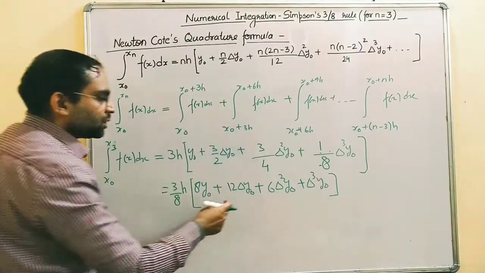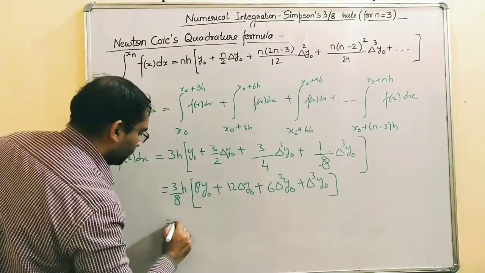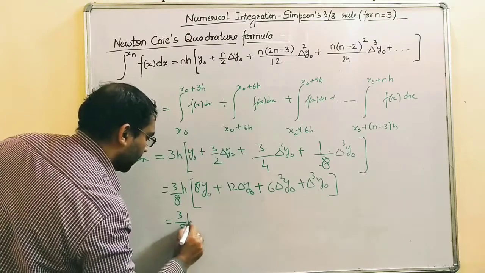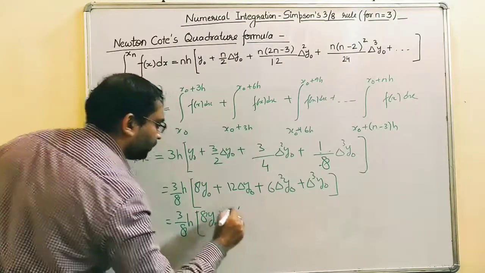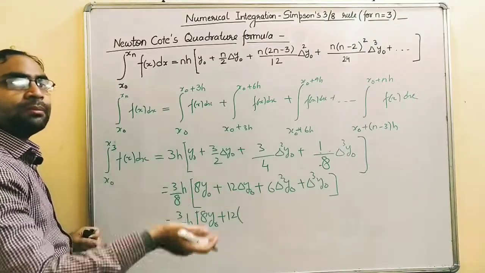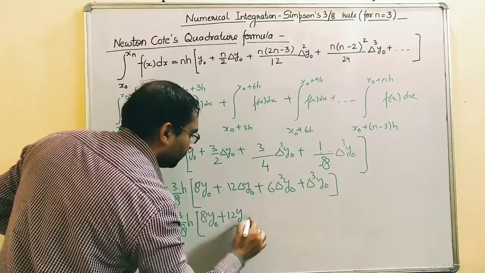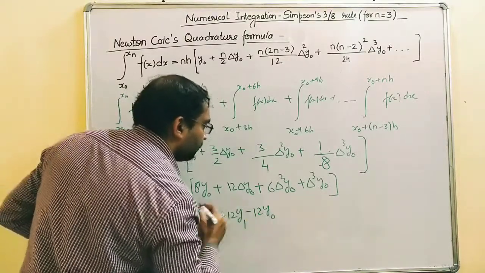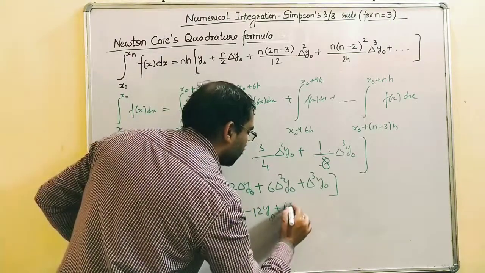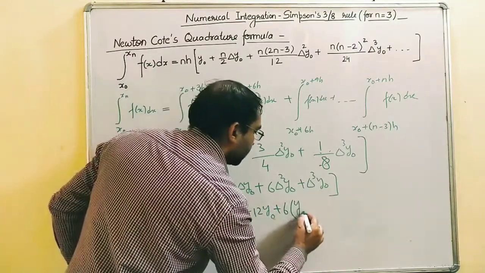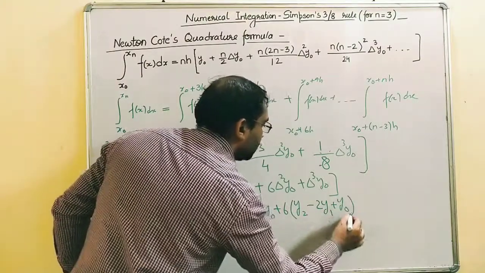Putting the values of del y0, del 2 y0 and del 3 y0 into the formula, this becomes 3 upon 8 h times (8 y0 plus 12 of del y0, which is always y1 minus y0. So this is 12 y1 minus 12 y0 plus 6 del 2 y0. The del 2 y0 is always y2 minus 2 y1 plus y0.